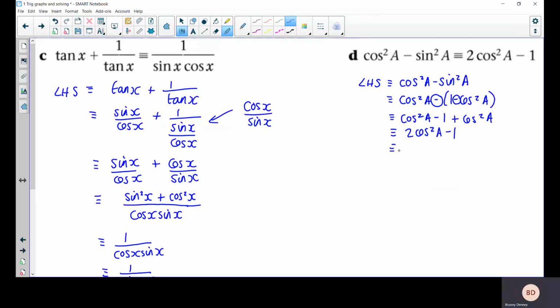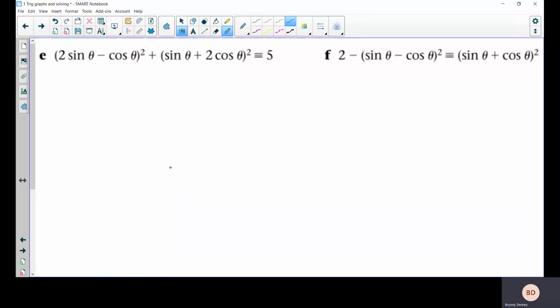And there I've been left with the right-hand side. So I've got to the right-hand side for that one. Let's have a look at the next two questions. So the next one, straight away, I'm going to be using the left-hand side because it's way more complicated than the right-hand side.